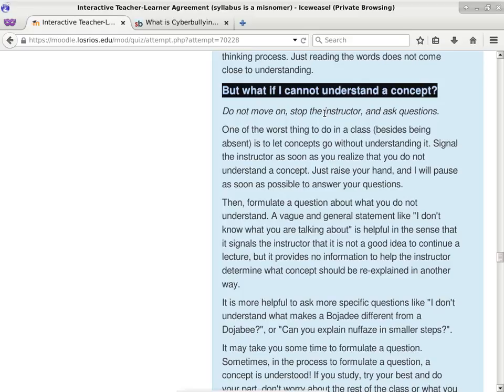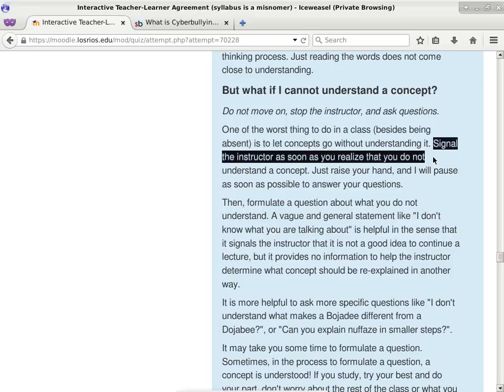You just slow me down and go like, Tag, I think you didn't mention this and that, or you did not explain this part, or can you explain it again in another way, okay? So don't let concepts go without understanding. That really is important. Signal me as soon as you realize that you do not understand a particular concept.